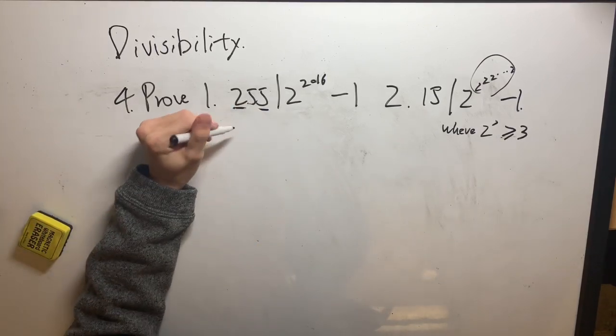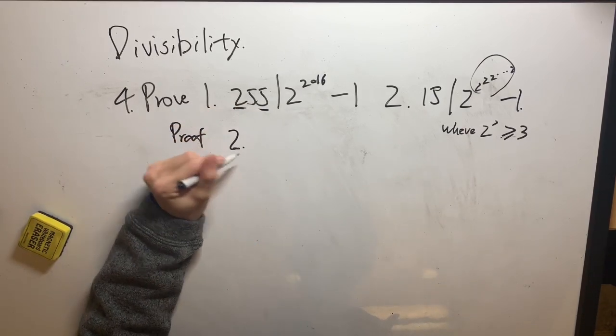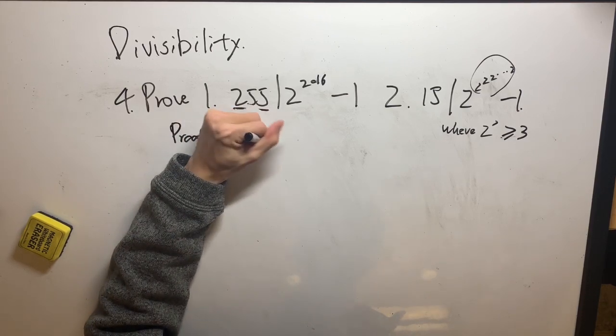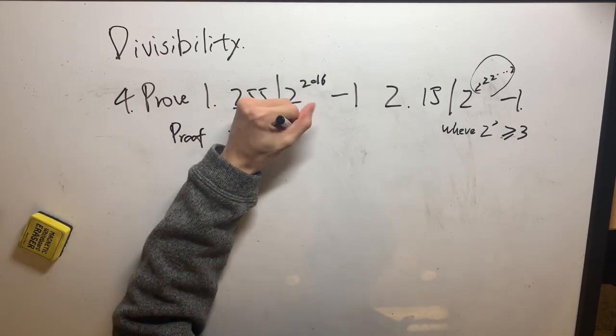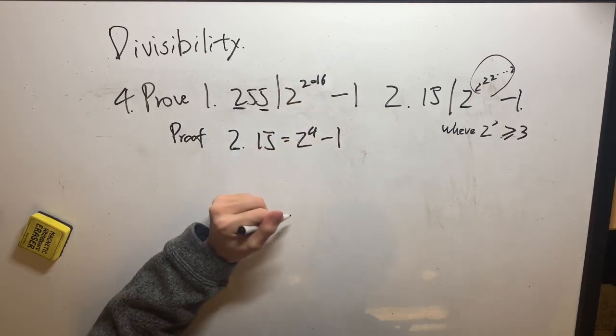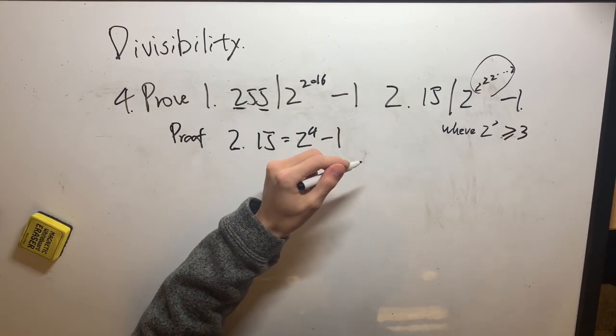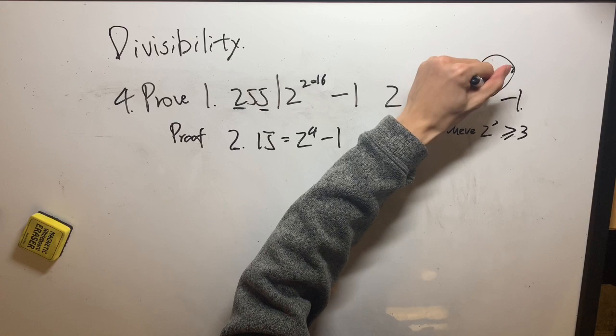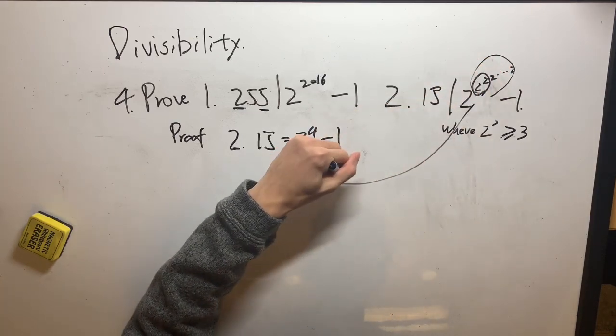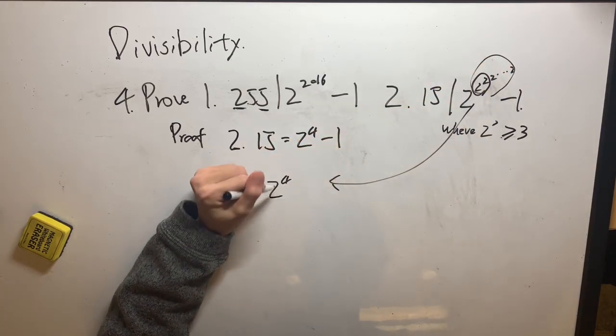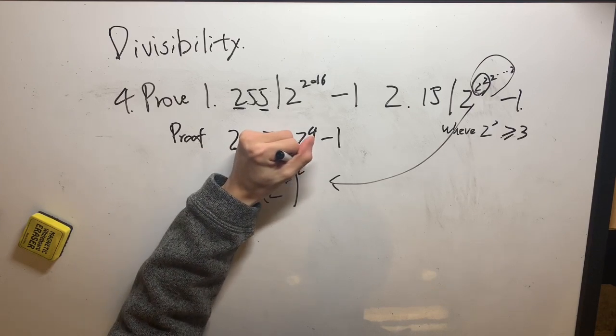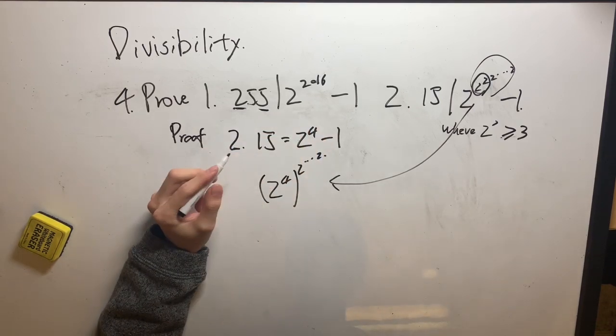For the next one, we can use the same method, as 15 equals 2 to the 4th minus 1, and we can take one of these 2s to here as 2 to the 4th, with the remaining tower of 2s on the exponent.